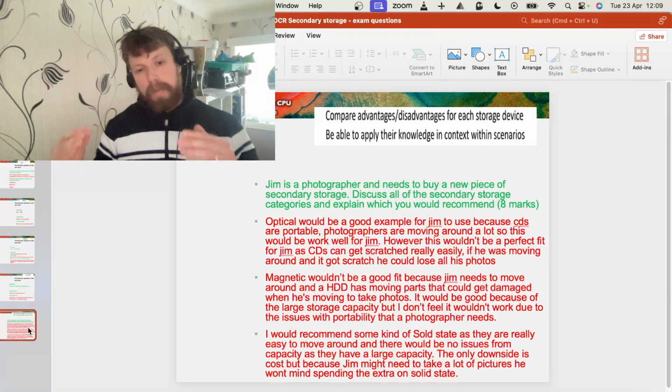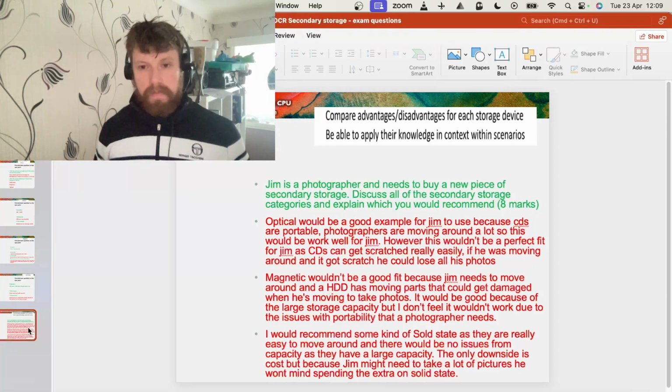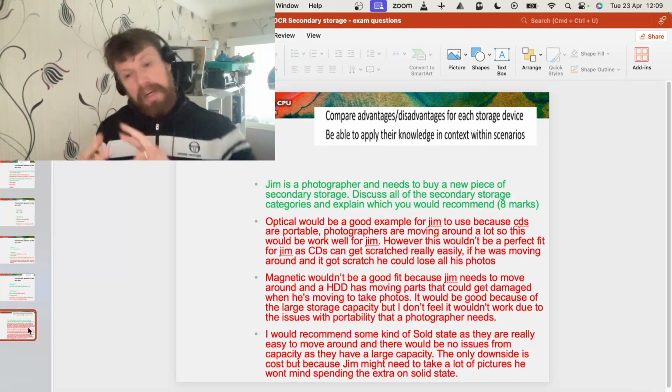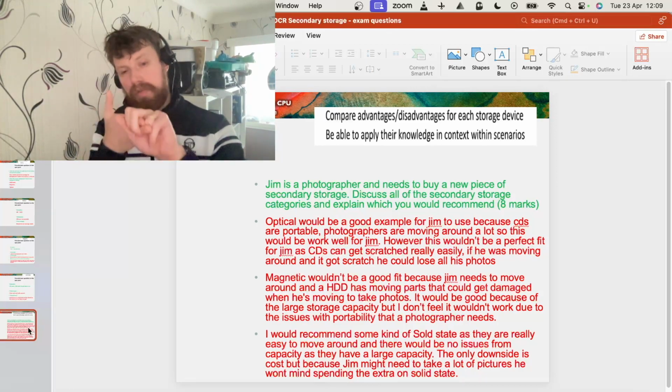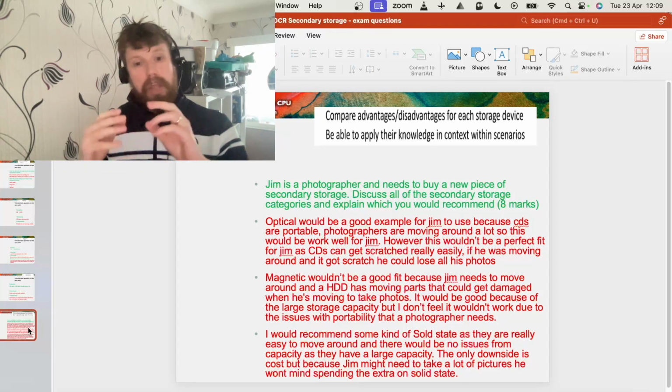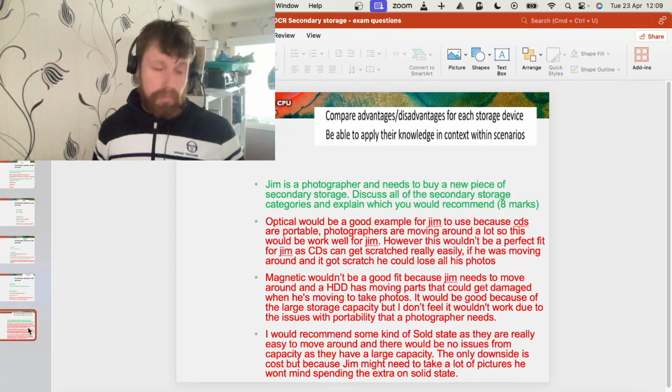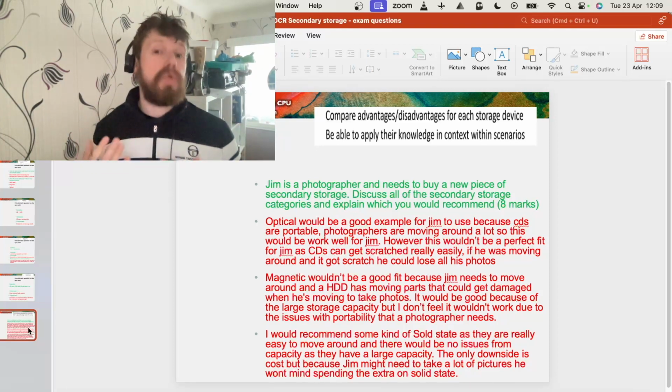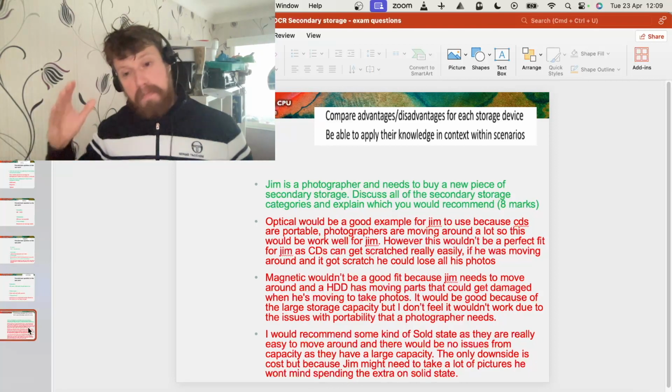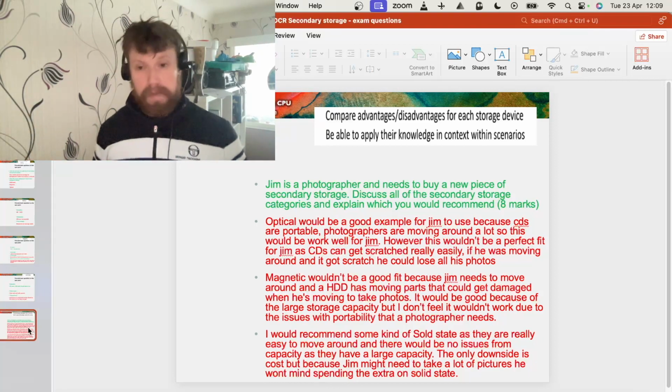You need to talk about, when it says discuss, an advantage and a disadvantage of each secondary storage category. If you only talk about one or two of them, the maximum you can probably get is a middle mark band, which would be a 5 to 6.